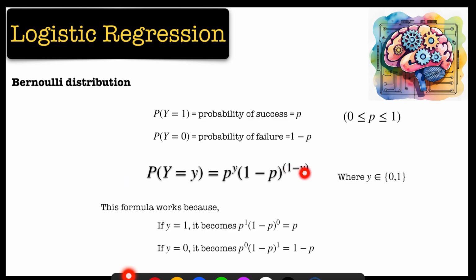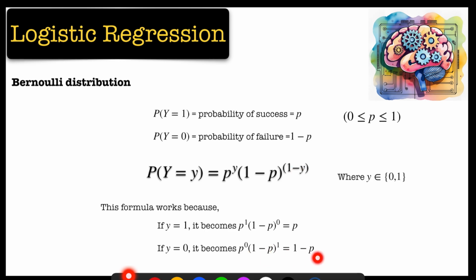Now why does this formula work? The formula works because y is only 0 or 1 here. Let's try to put the values here. If y equals 1, the formula becomes p raised to the power 1 times (1 minus p) raised to the power (1 minus 1), that is 0. So this is p. And if y equals 0, it becomes p raised to the power 0 times (1 minus p) raised to the power (1 minus 0), that is 1.